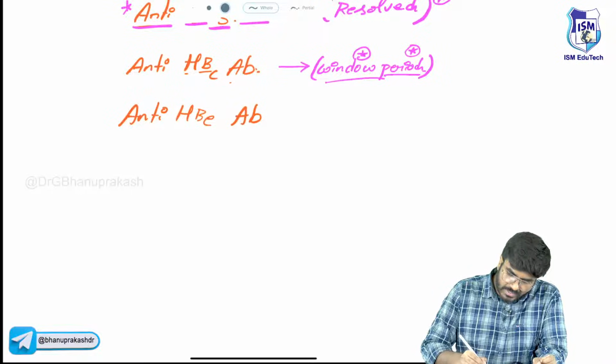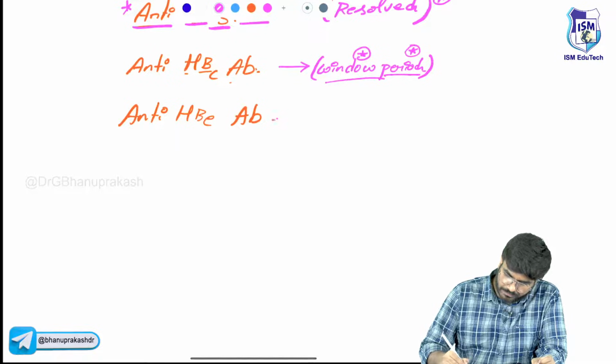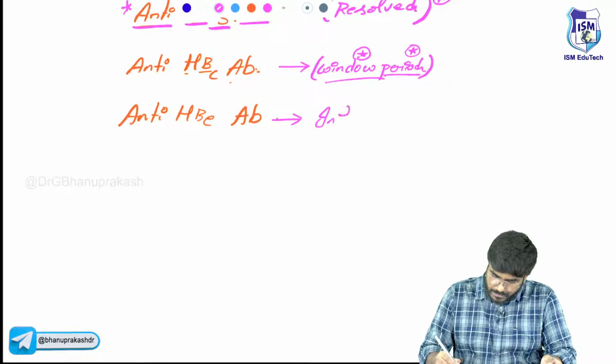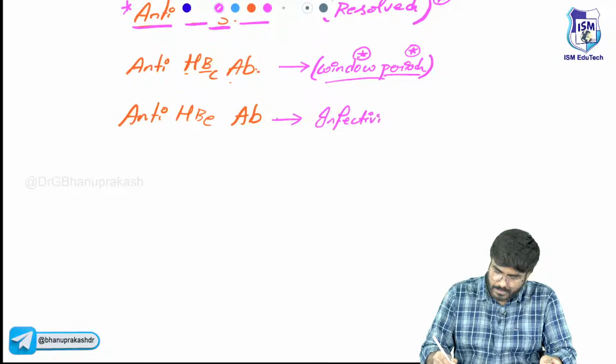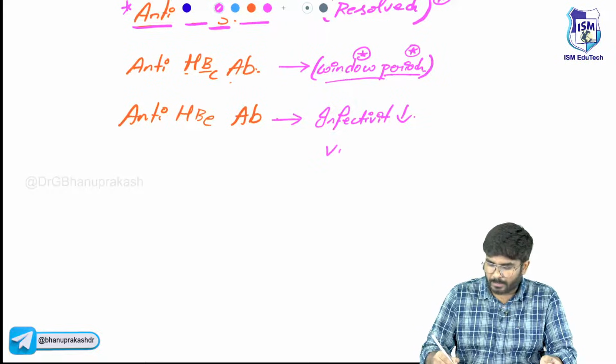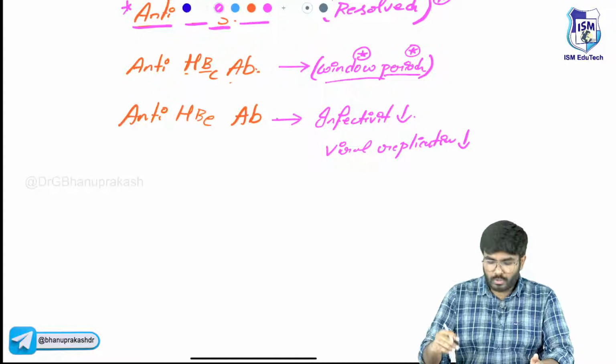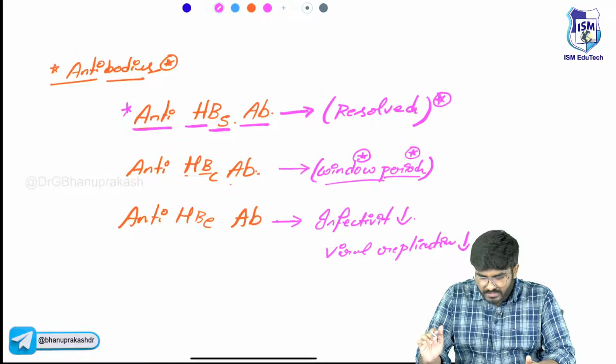See, anti-HBe antibodies: if you have this antibody, the infectivity decreases, or the viral replication decreases. So these are the three important points which I want you to know.